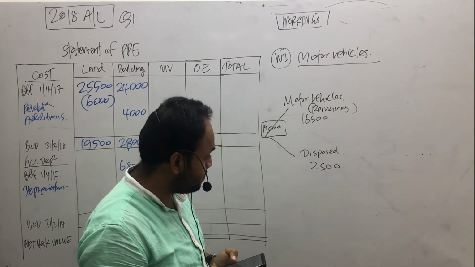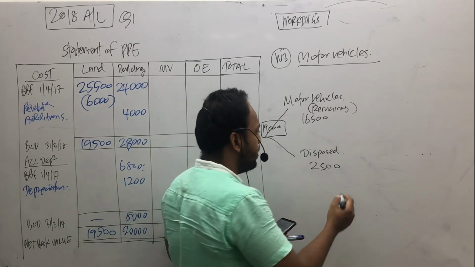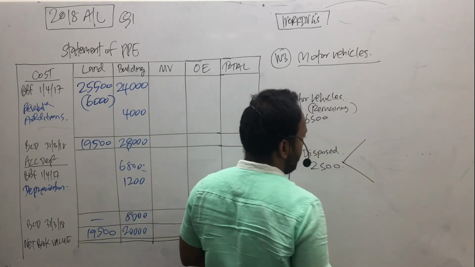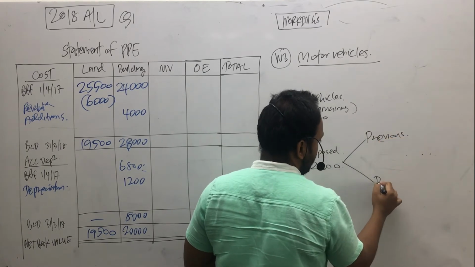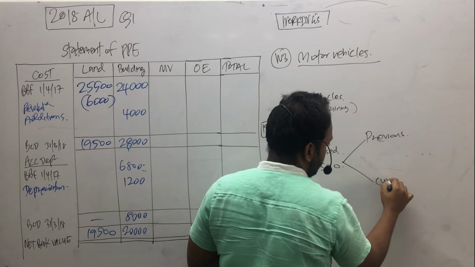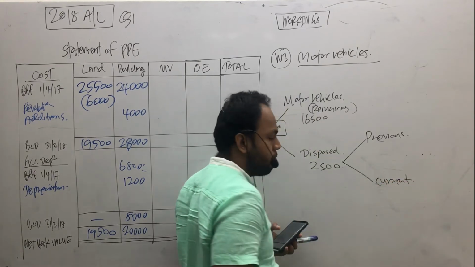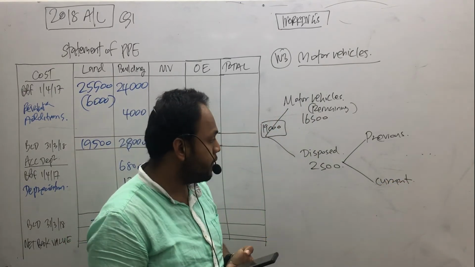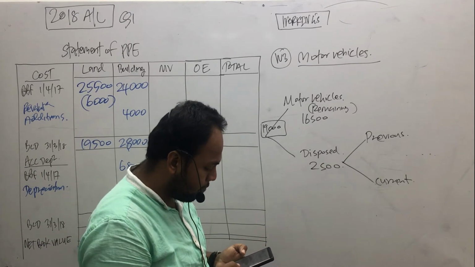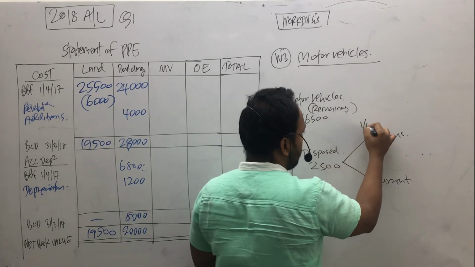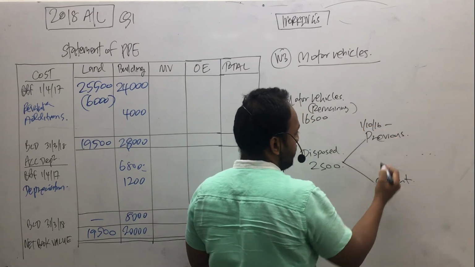And if you calculate the depreciation, you need to have the previous depreciation and the current year depreciation. So for the disposed motor vehicle, it was purchased on 1st of October 16.